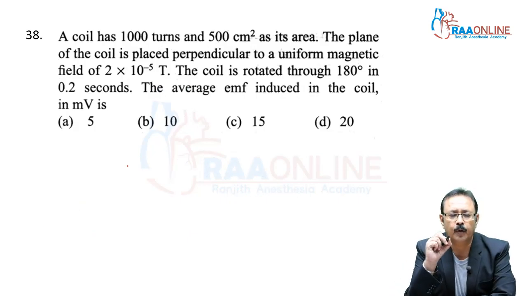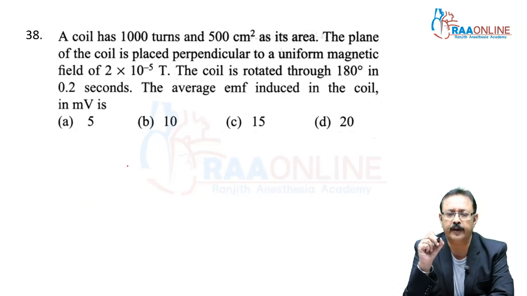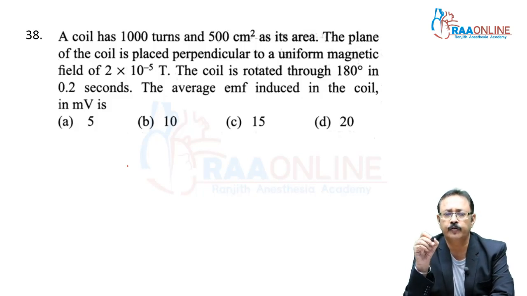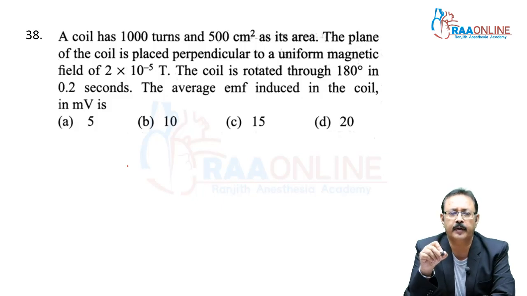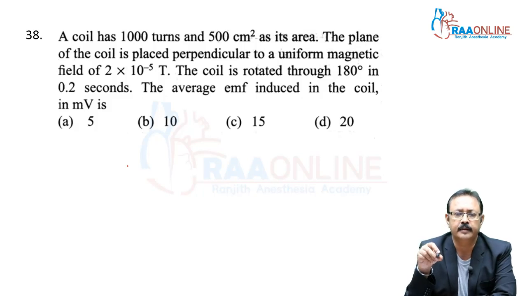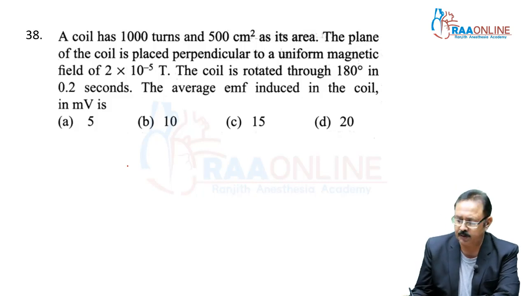38. A coil has 1000 turns, 500 centimeter square area. Plane is perpendicular. Every time they give you plane perpendicular to field, otherwise EMF will not be induced. The uniform magnetic field is 2 into 10 to the power minus 5 Tesla. The coil is rotated through 180 degree in 0.2 second. Find the average EMF induced.